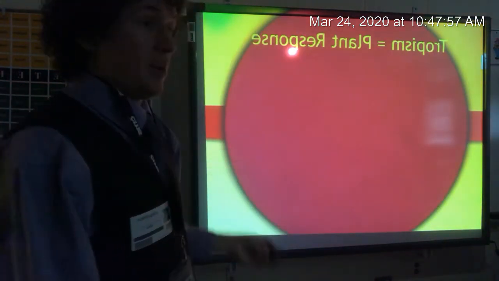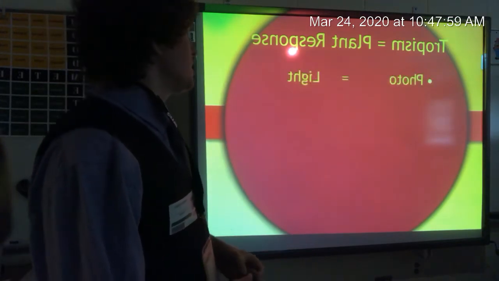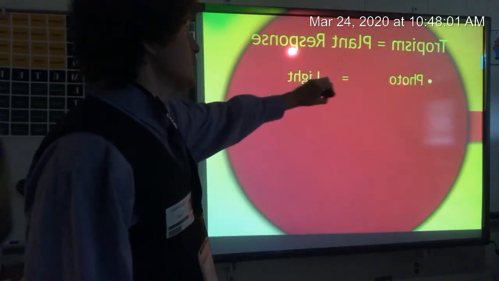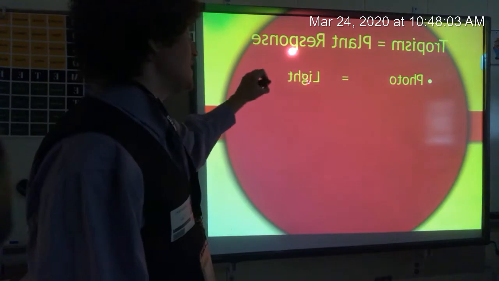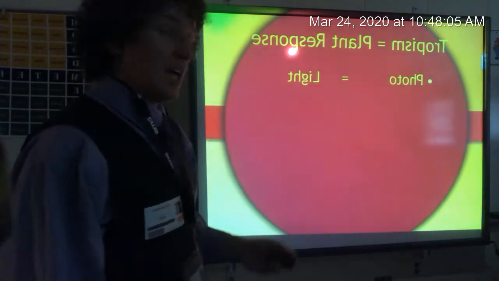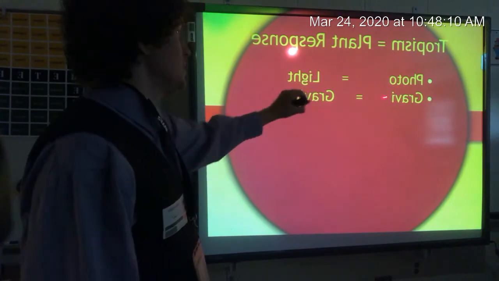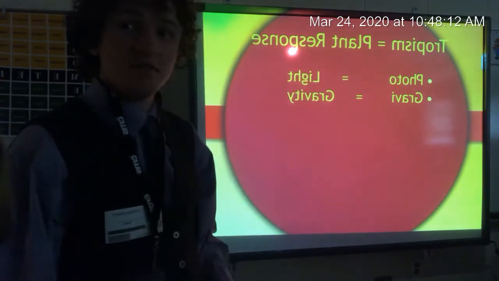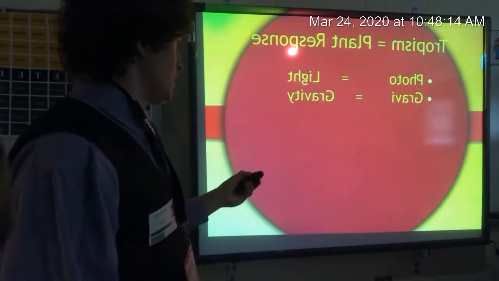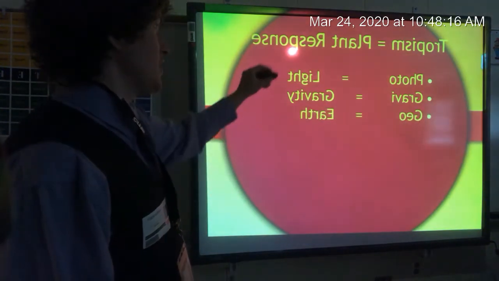Tropism, plant's response. So photo meaning light. So if you have phototropism, that's a plant's response to light. Gravity, that's a plant's response to gravity. Geo, that's earth.